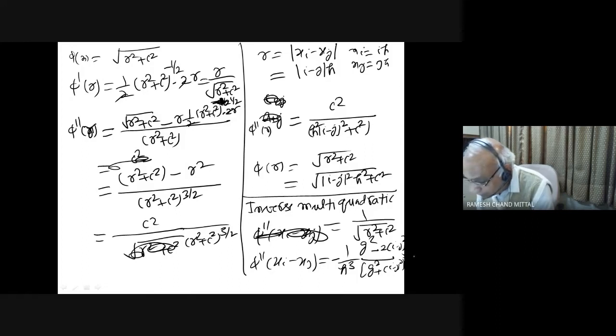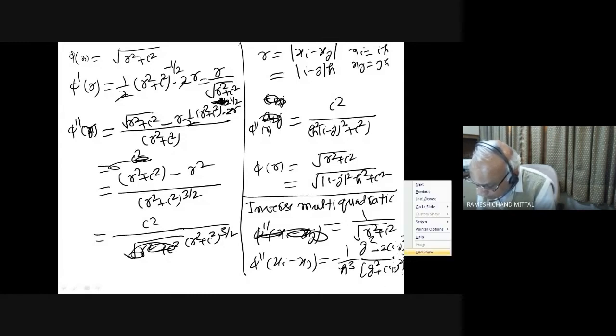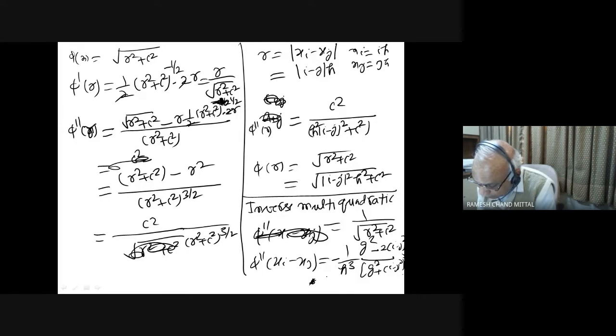So you have 5 by 2 here, this power 5 by 2. And my g is c by h, that is c equal to hg, so that h cancels out and I have this thing. So what I mean to say is for this function you can always find the value of the double derivative.